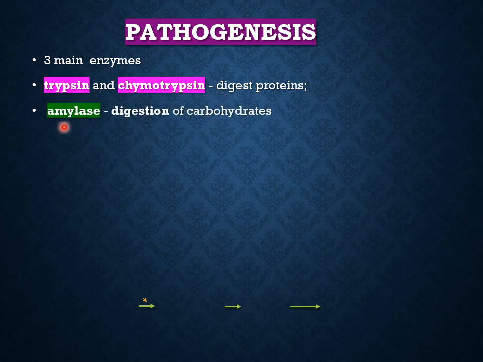The second enzyme is amylase, which is predominantly for digestion of carbohydrates, and lipase, which breaks down fats. So these are the three main enzymes from the pancreas, and they are responsible for digestion of carbohydrates, fats, and proteins.